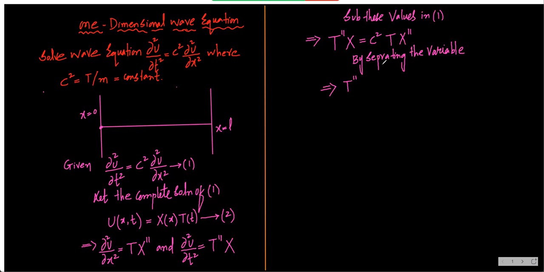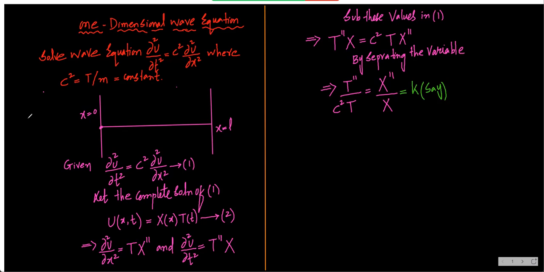T double dash and the similar terms will come down along with the constant c squared, which is equal to X double dash, and the X term will go down. We have separated the variables: T will be on one side and X on the other side. And as I said yesterday, if you have two variables and they are equal, it is possible if and only if it is equal to some value k, where k is any constant.